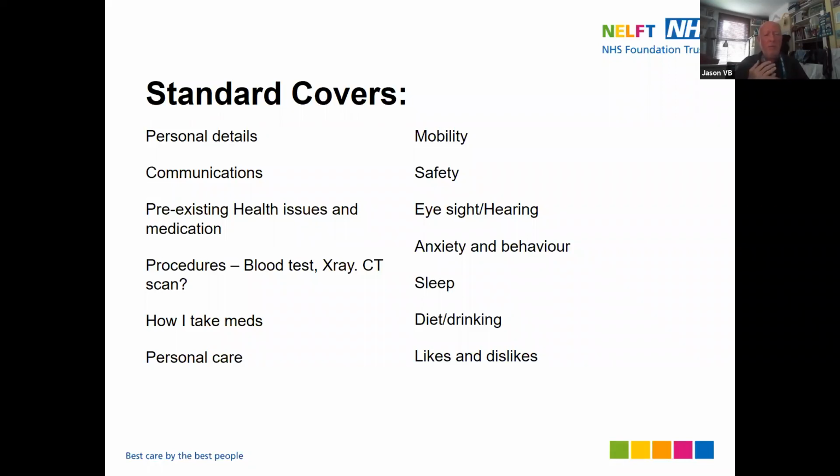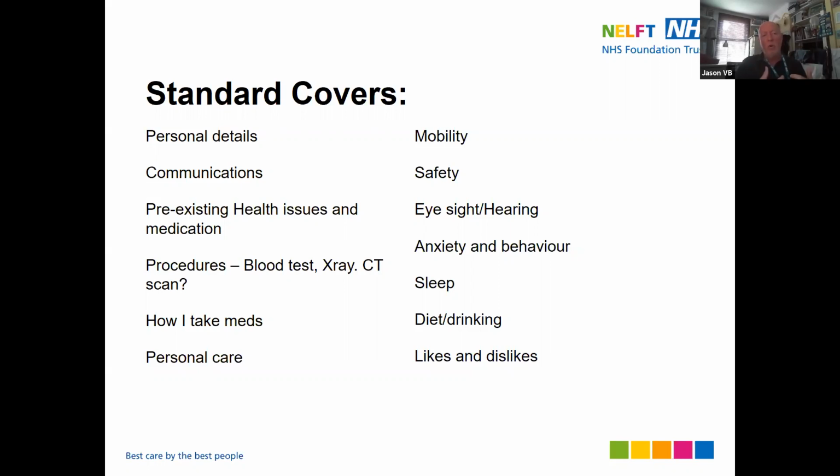How they cope with procedures. Quite a lot of learning disability nurses around the patch will spend time supporting families with blood tests, x-rays, CT scans, all those kinds of things that even for neurotypical people can be quite scary. But for people with a learning disability, it can be almost a complete showstopper.